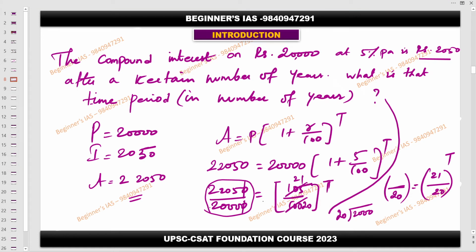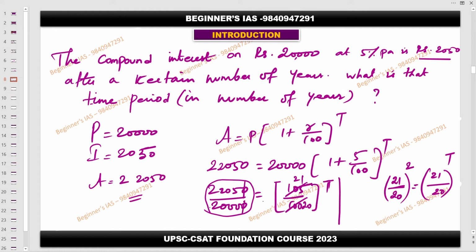In order to get 20 here, you are just writing 21. So what would be the power? 2.